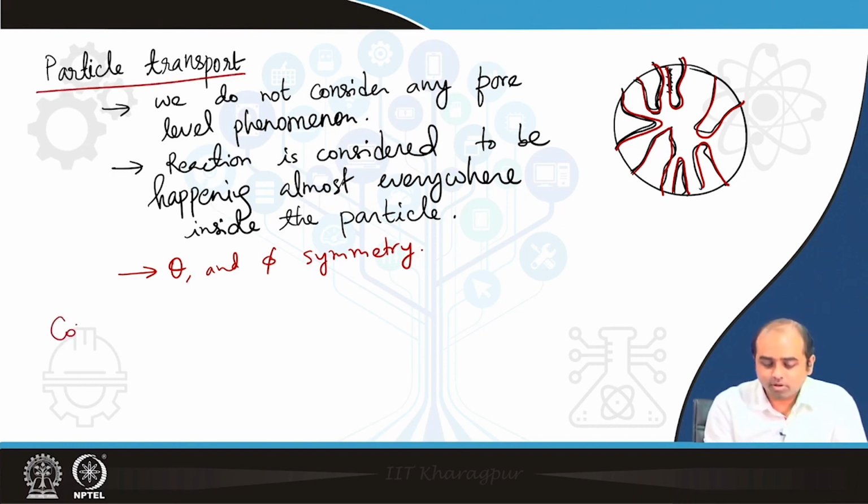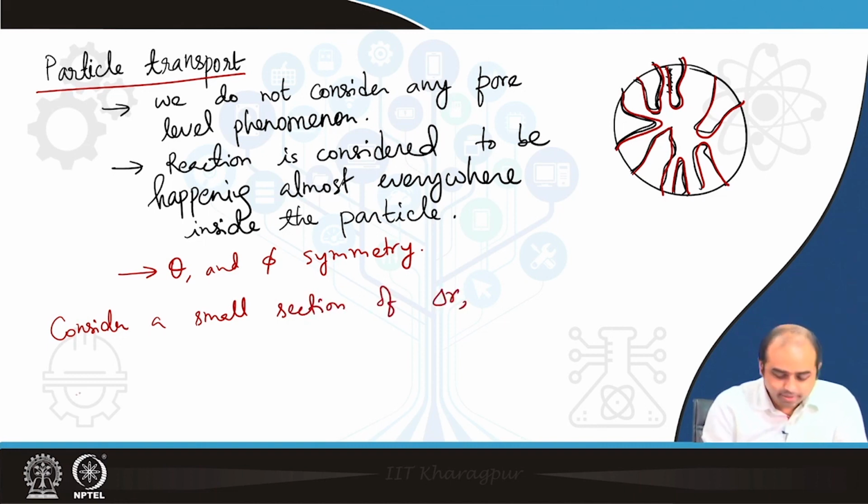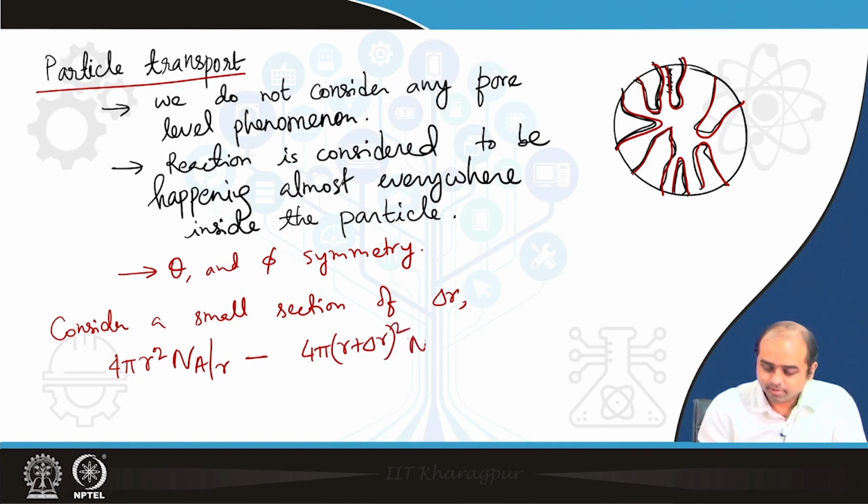So, consider a small element or a small section of delta r. We can write the fluxes in this way. Isn't it?